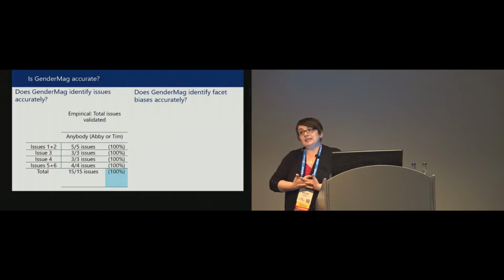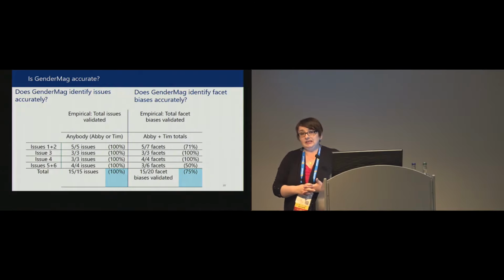So if an analyst says, we believe this is going to be an issue for the Abby side of the motivations facet, do people who score on the Abby side of the motivations facet actually encounter that issue? In our study, this was indeed the case, and 75%, that's 15 of the 20 facets that were identified by the analysts. So once again, that's a pretty good rate.